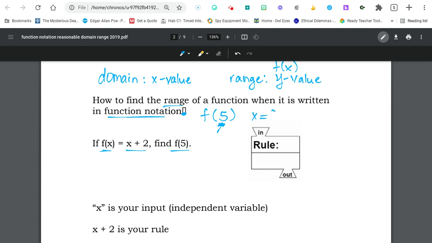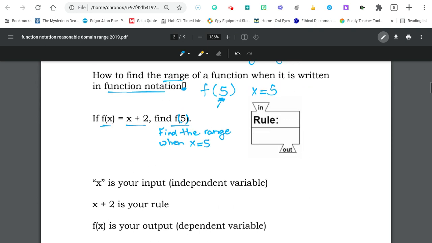So here x is 5, and it says find f of 5. So actually you're going to find your range when your x is 5. All this means is find the range when x is 5. And then you want to figure out what x is, look inside of the parentheses right in here, okay?